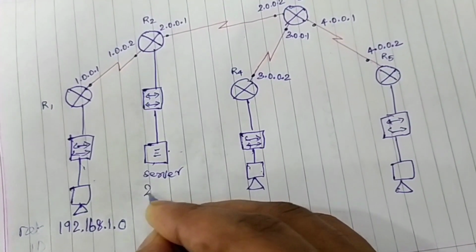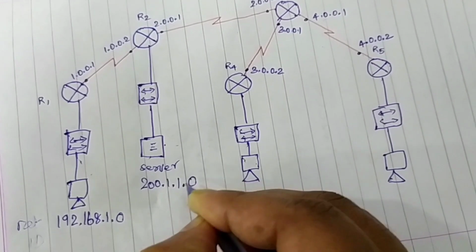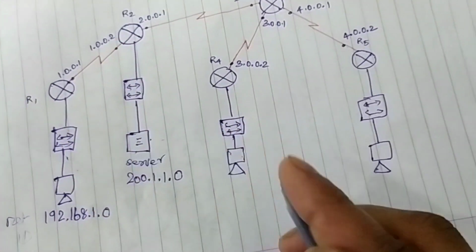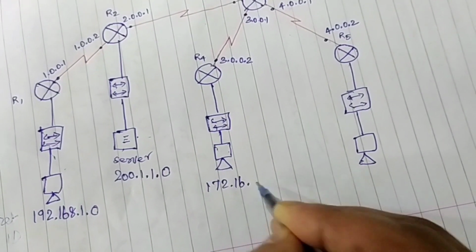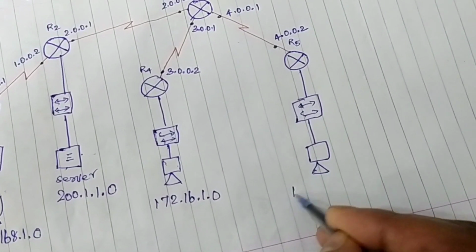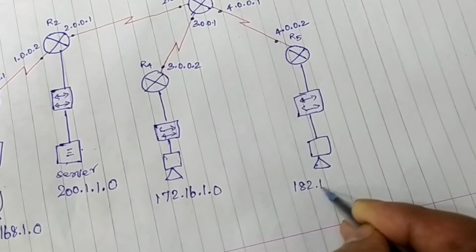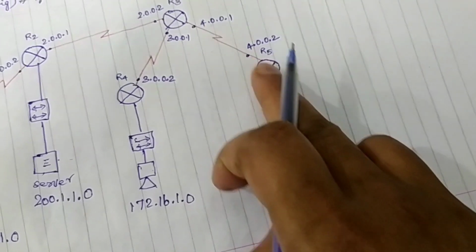And suppose this is the second net ID under R2, this is the third network address under R4, and this is the fourth network address under R5.